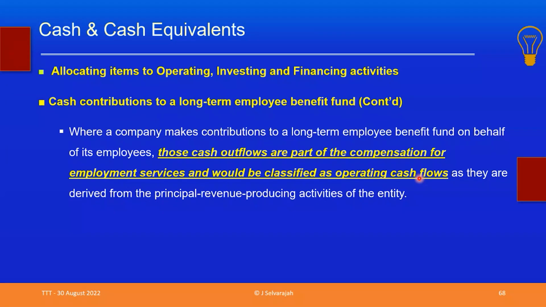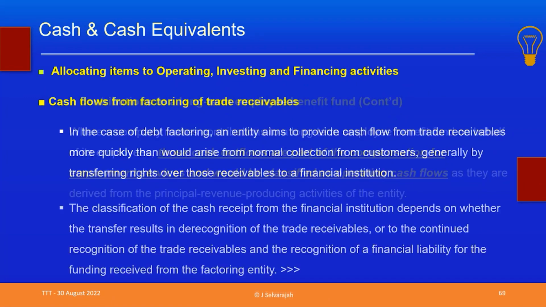So when these are charged to the P&L account every year, they are considered operating because the staff working for you is running the operations of the company. So he's not a financing fella. He's not an investing fella. So it is operation. So they are only operations on the principal revenue producing activity.